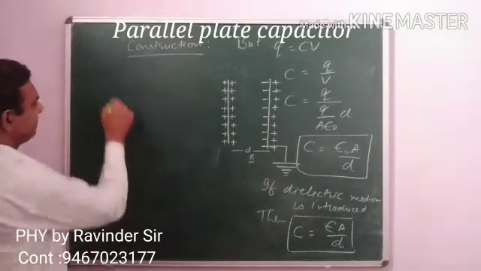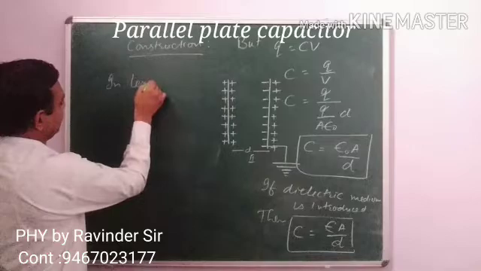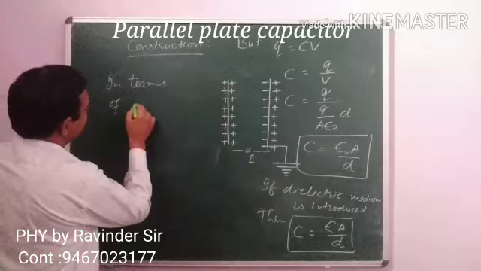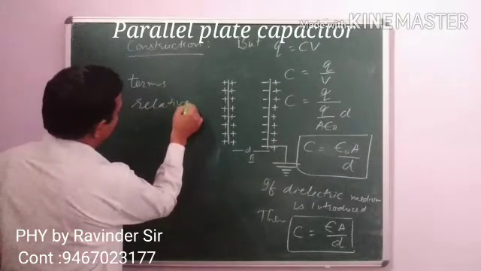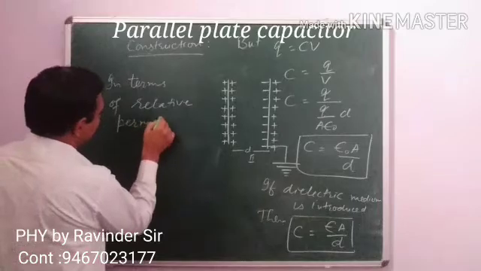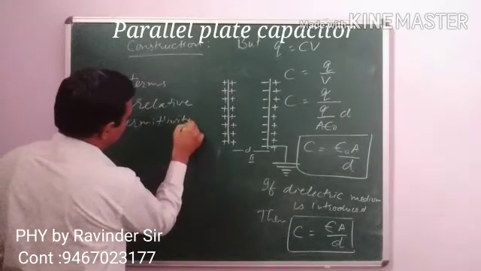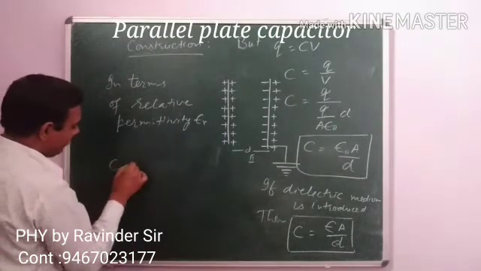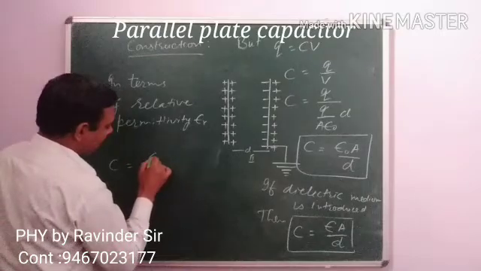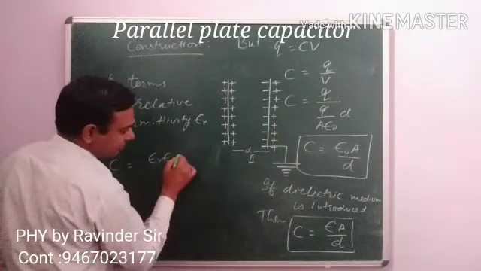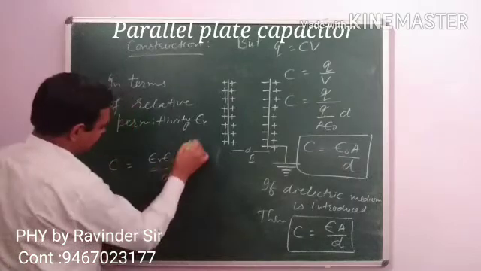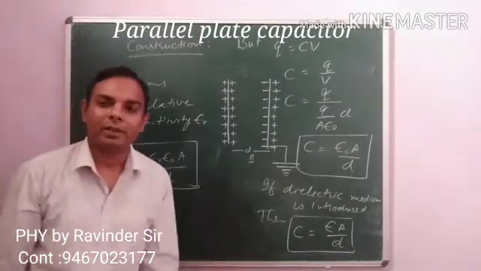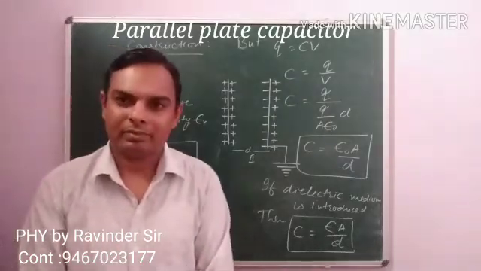In terms of epsilon r, that is relative permittivity, C is equal to epsilon r epsilon naught A by d. This is the result for capacitance in the case of a parallel plate capacitor.